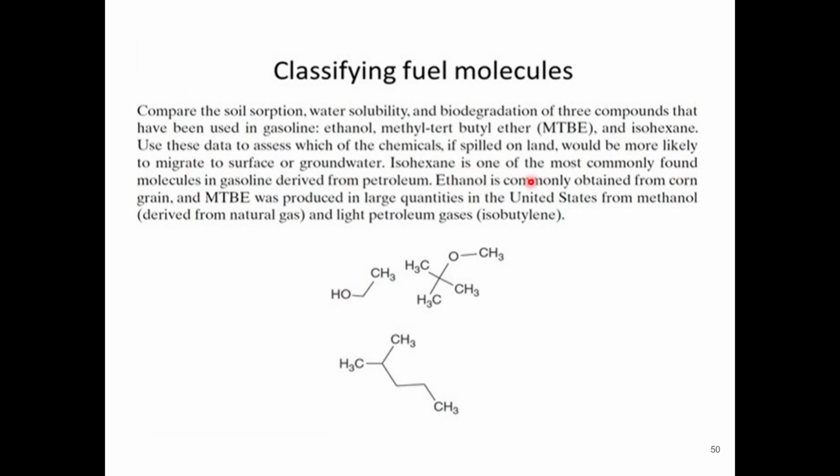Isohexane is one of the most commonly found molecules in gasoline derived from petroleum. Ethanol is commonly obtained from corn grain, and MTBE was produced in large quantities in the United States from methanol derived from natural gas and light petroleum gases, which is isobutylene.